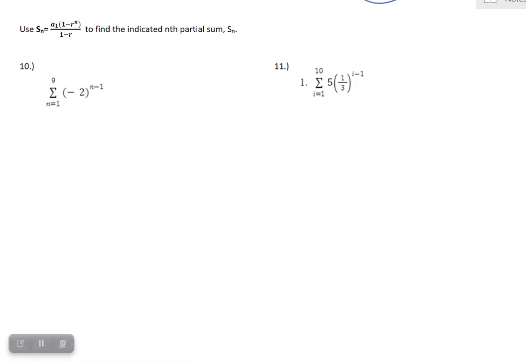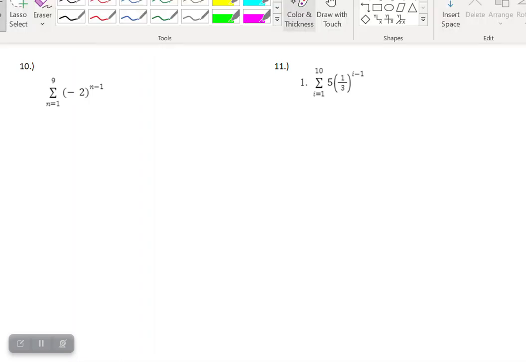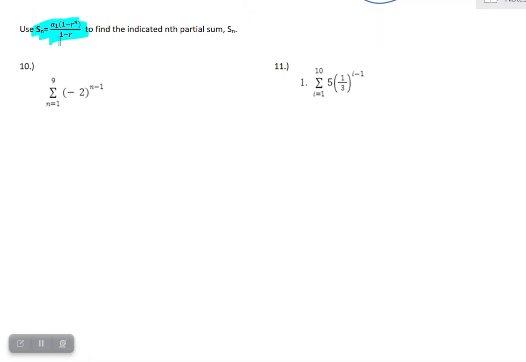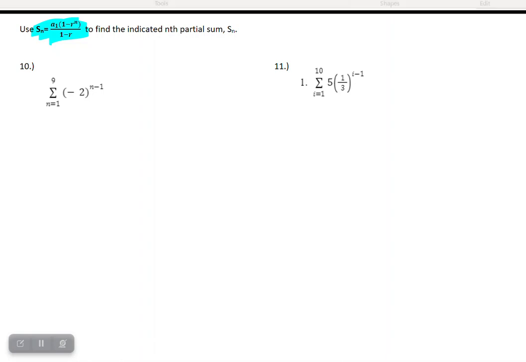And we're going to finish out these last two with a partial sum, kind of seen in that sigma notation. So, again, formula we're going to use is this up here. We need to know a sub 1, and we need to know the ratio. So I'm going to look at a couple of things.